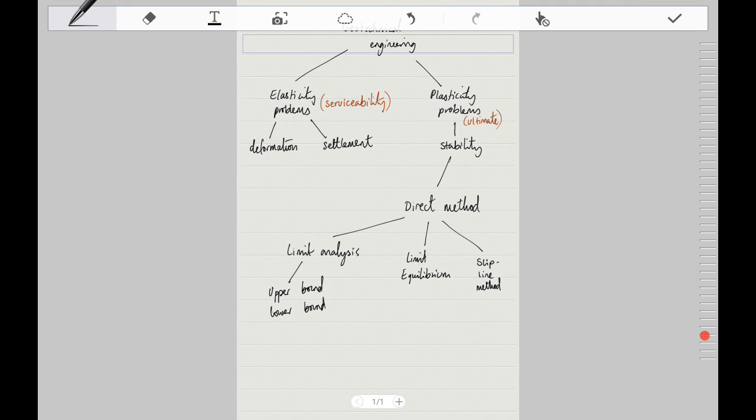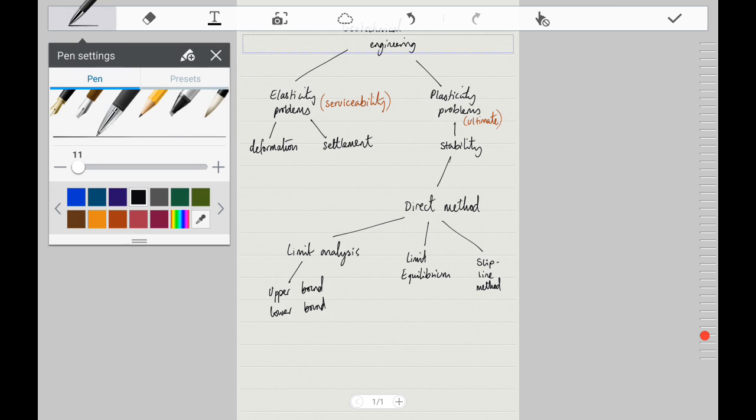Okay, so the whole idea is that we will be looking at limit equilibrium and limit analysis, and we'll look at different ways engineers such as Coulomb and Rankine approached limit equilibrium, and how we go about doing the upper bound and the lower bound. So that's an introduction as to where limit analysis and limit equilibrium fall under in all of geotechnical engineering.